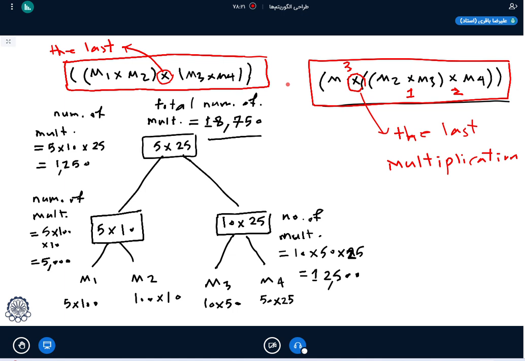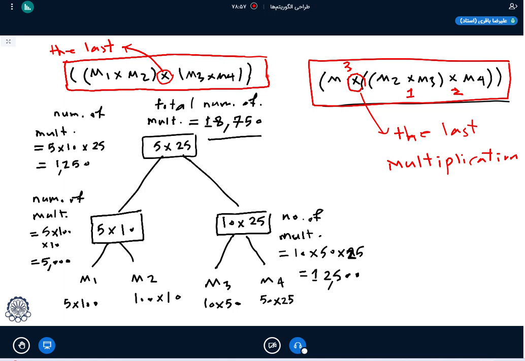The best parenthesization is the optimal one, and in that parenthesization we get the minimum number of possible multiplications. So we are going to find a parenthesization that gives us the minimum number of multiplications.